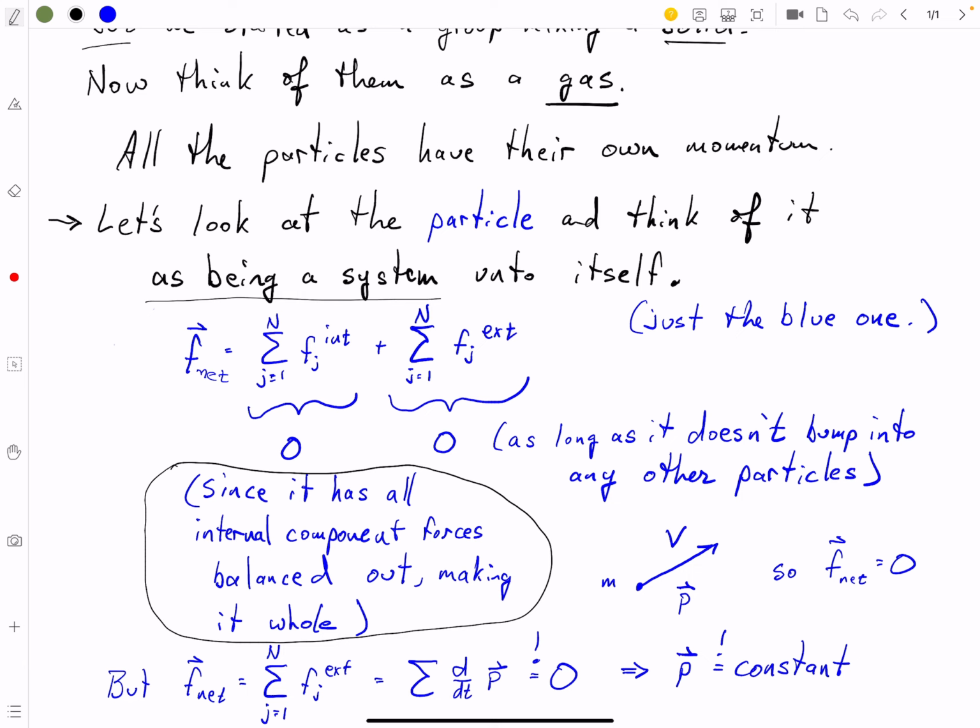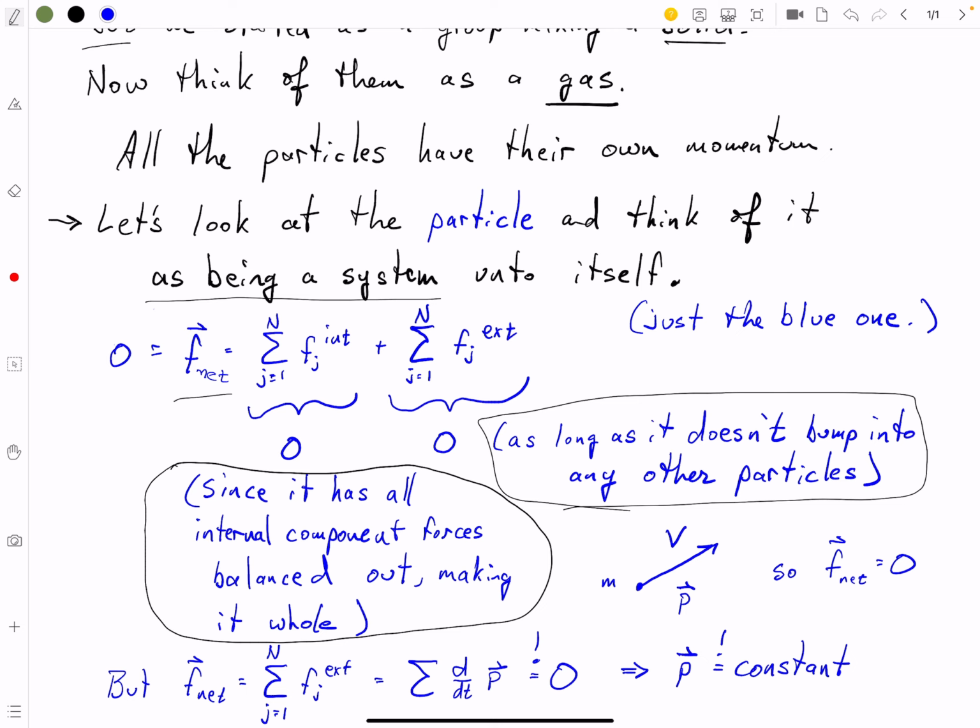So, as long as it doesn't bump into any other particles, the external forces are going to be zero. That F net equals zero.